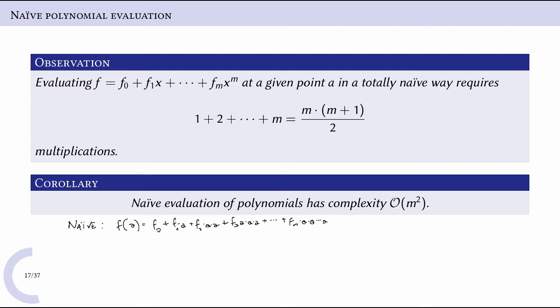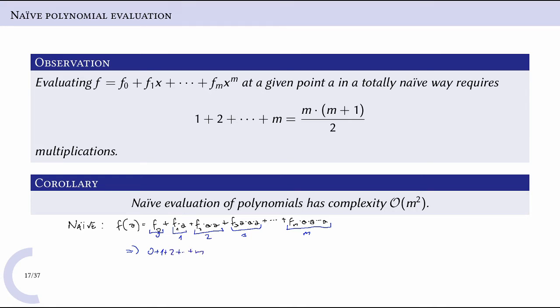So here we have 0 multiplications, here we have 1 multiplication, here we have 2 multiplications, 3 multiplications, and so on. Finally here we have m multiplications. All in all, the number of multiplications of coefficients is 0 plus 1 plus 2 plus and so on plus m.